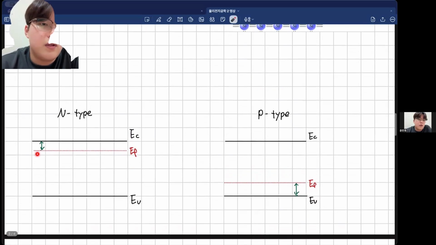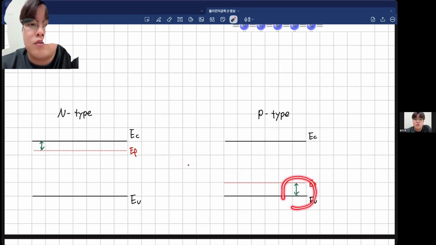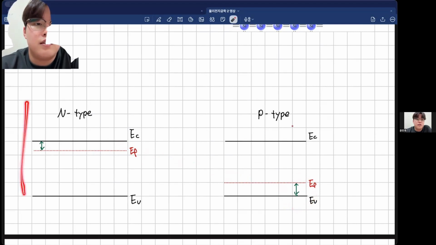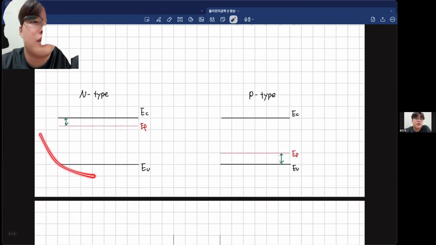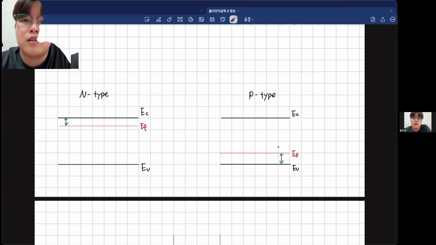By comparing this gap and this gap, we can tell whether the donor or the acceptor is more dominant. If we see this diagram, the donor is more dominant than the acceptor. N-type semiconductors have more electrons than holes, and P-type semiconductors have more holes than electrons.